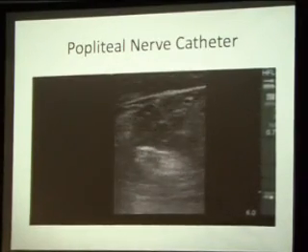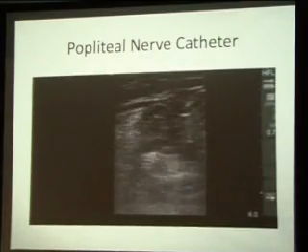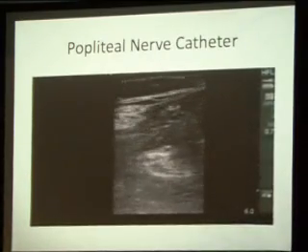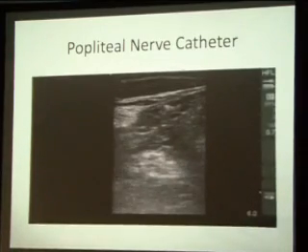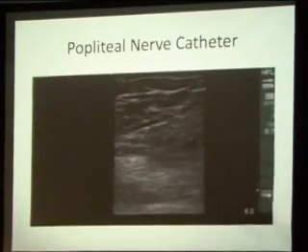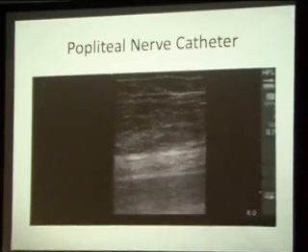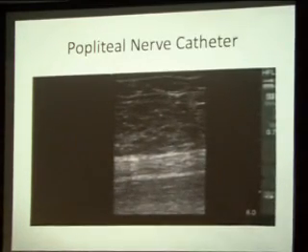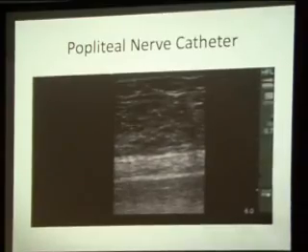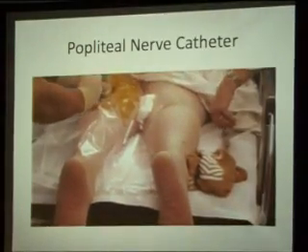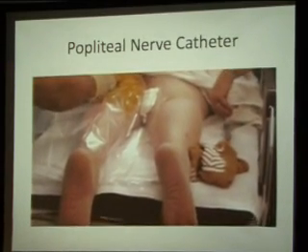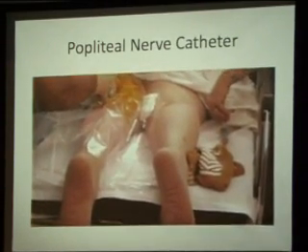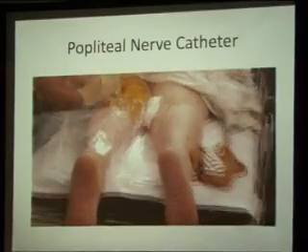So here's the nerve, and as we slowly turn our probe, the probe is now parallel to the nerve on the long axis, and we decided to do the block in that fashion. It can be done in a transverse scanning method as well. There's the local going in.